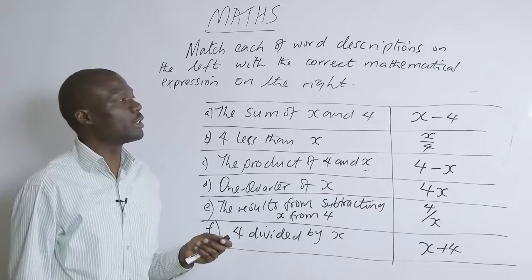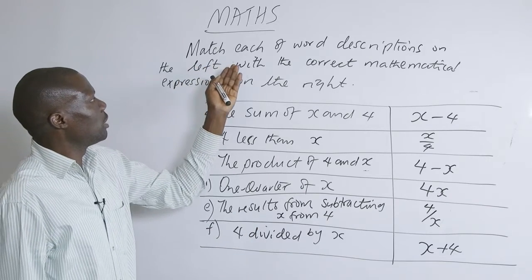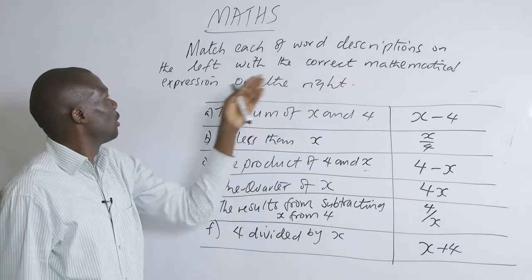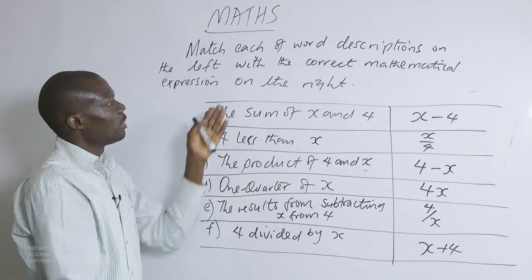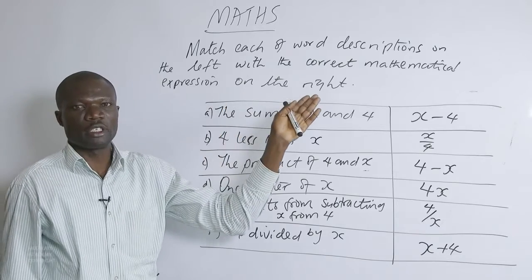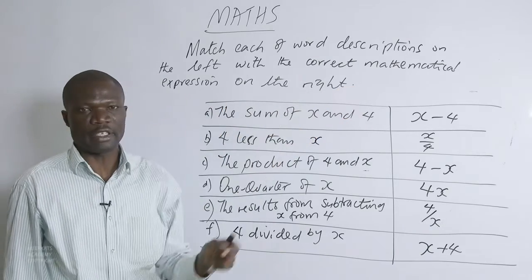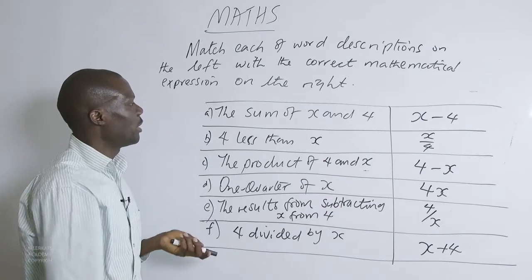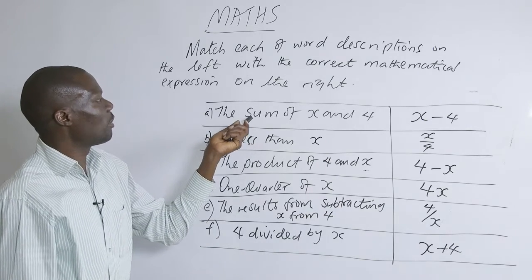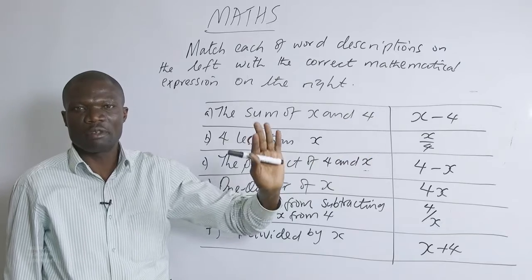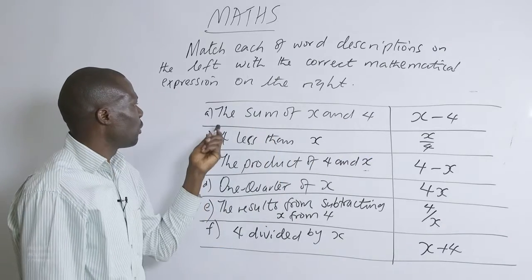Now, in this, match each of the word descriptions on the left with the correct mathematical expressions on the right. So on the left side, we have the word descriptions, and on the right, we have expressions.